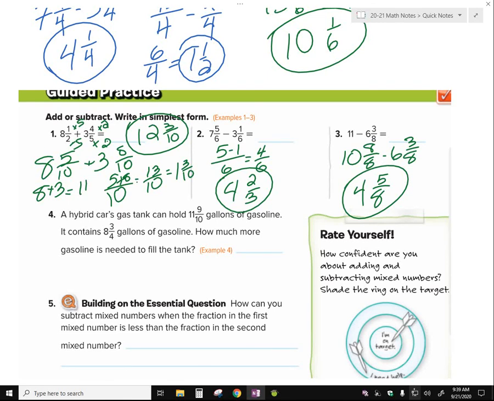You could do 11 minus 6, but because of the fraction, it's not going to come out as pretty. But if it works for you to do 11 minus 6, which is going to be 5, then you're going to have to do another operation, which is 5 minus 3/8. But if you like that, you can use that. Because fraction is a part of the whole number.